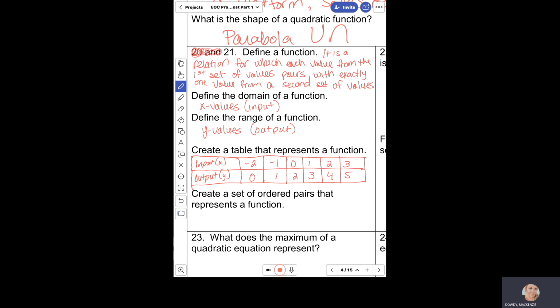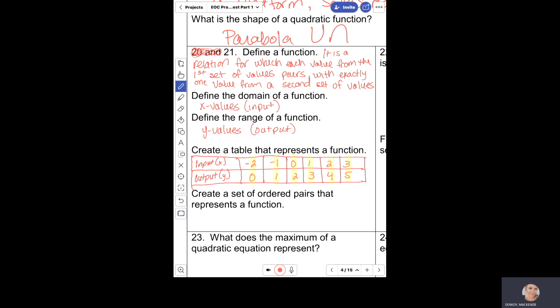All right, then it says create a set of ordered pairs that represents a function. Well, with the table that we just did here, our x values go with the y values. We already have ordered pairs right there, so there's no need to come up with any more. You can just use the ordered pairs that are in the table that we just made.